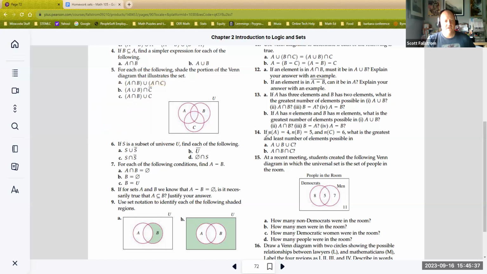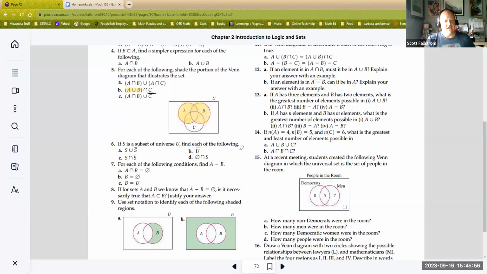All right. If you do have one that's like a complement, just remember a complement is everything that is outside or not included in. So if we want to do that one more time, A union B would be anything that's in A or B, including the region in the middle.